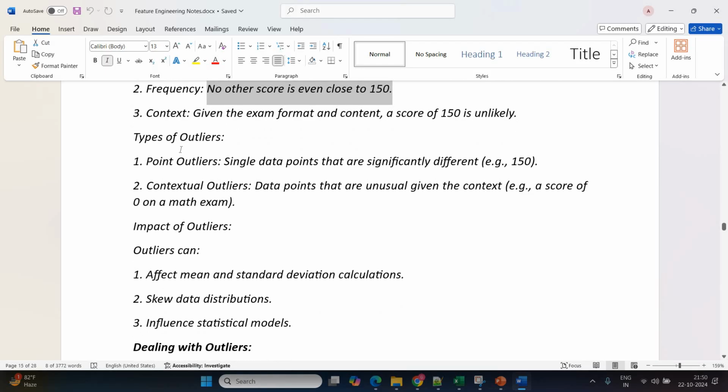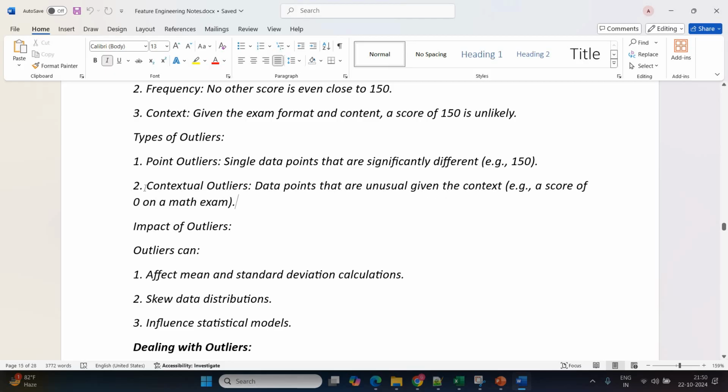Now we have the types of outliers. One is point outliers, single data points that are significantly different, like here in the example, 150. So these are the point outliers. Then we come to contextual outliers, where data points are unusual given the context.